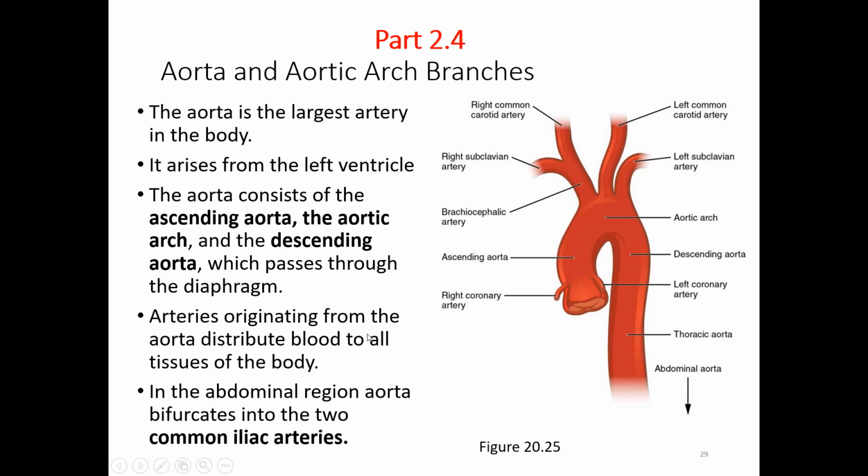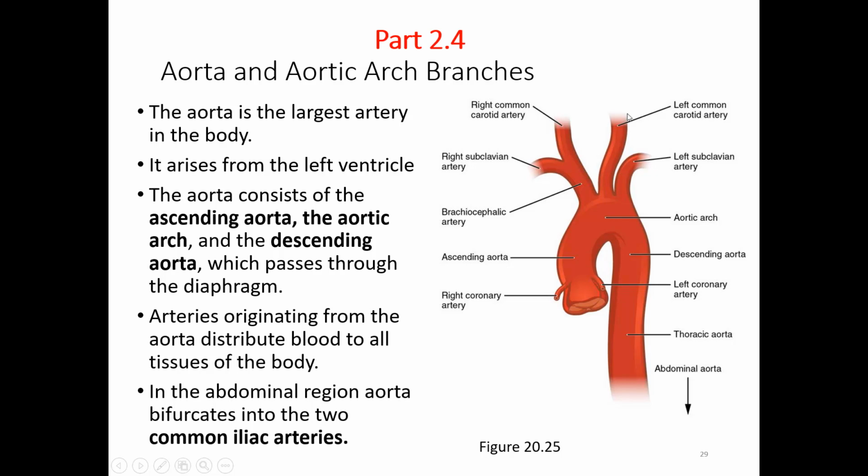Arteries originating from the aorta distribute blood to all tissues of the body. Those 3 branches of the aortic arch would be the brachiocephalic artery on the right, which gives 2 branches: the right subclavian artery going to the right arm, and the right common carotid artery going through the neck to the head.